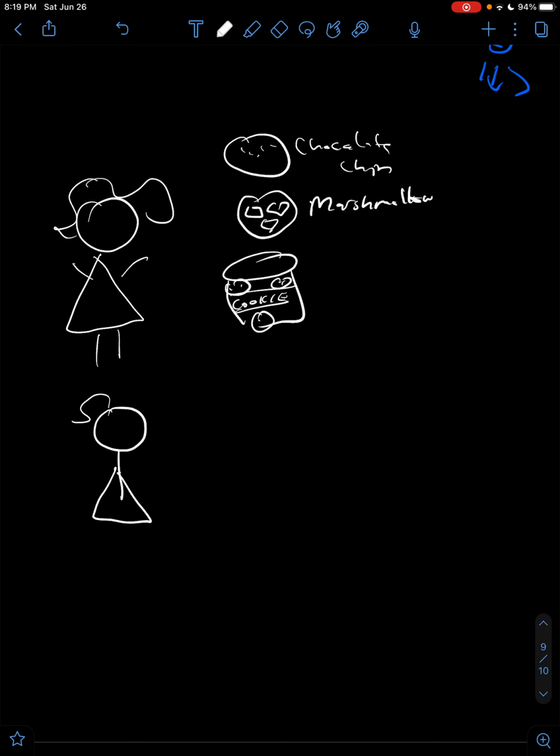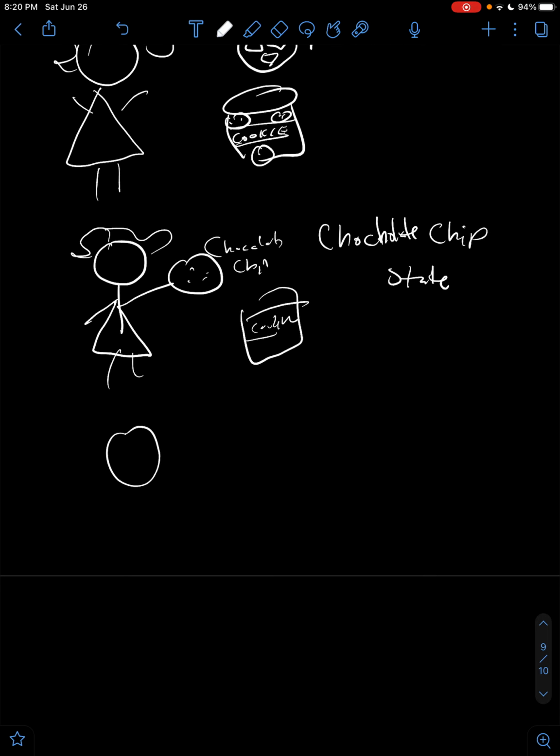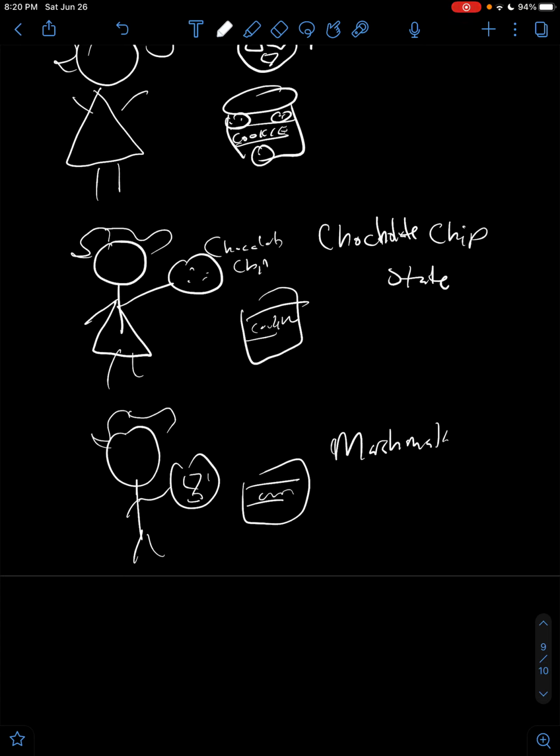And if Sally grabs a chocolate chip cookie from the jar, we say that Sally is in the chocolate chip state, as a shorthand for her grabbing that chocolate chip cookie. And if Sally grabs a marshmallow cookie from the jar, we say that she is in the marshmallow state.